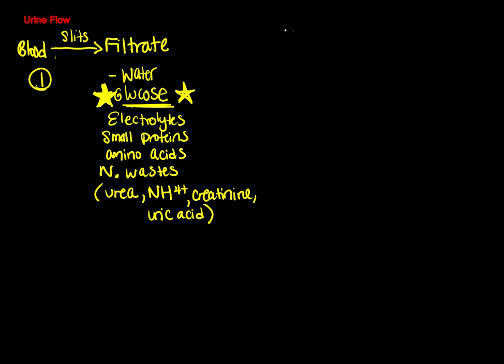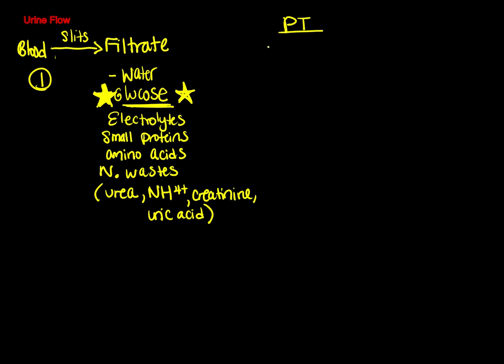So then, now let's take a look at where it goes next, at the PT, the proximal tubule. So the proximal tubule, this is where we're going to reabsorb a majority of our very, very important things that you want to keep. So what sort of things do you think the body might need, right? Well, we're definitely going to need glucose, right?